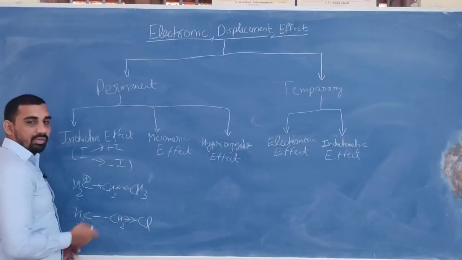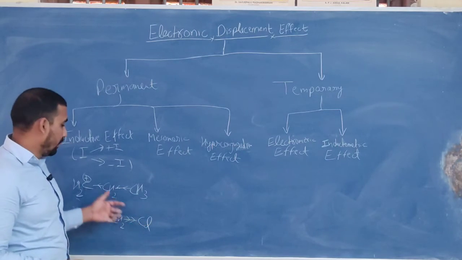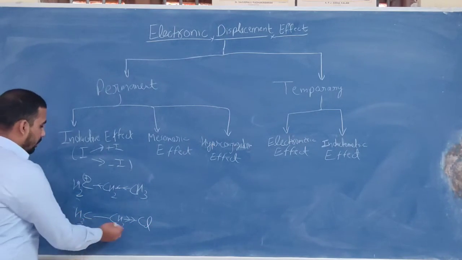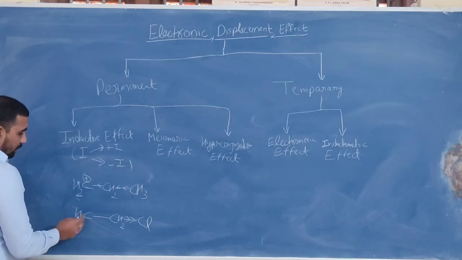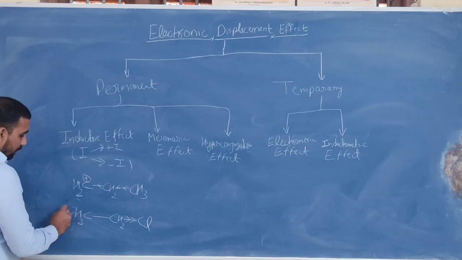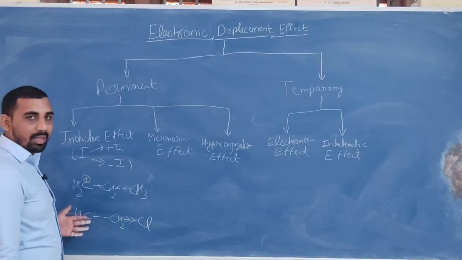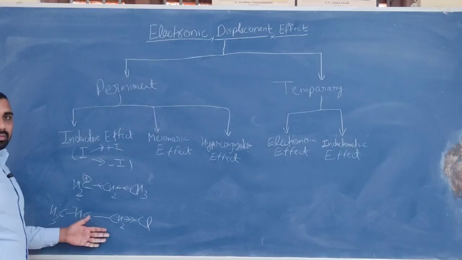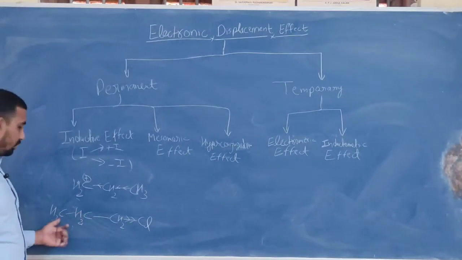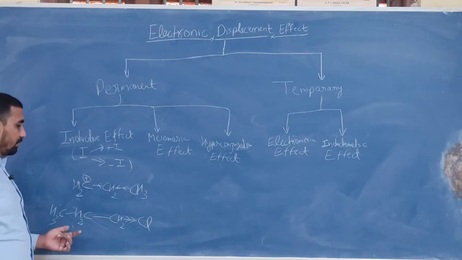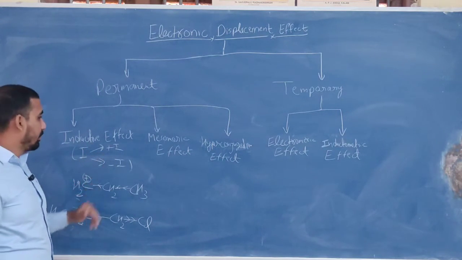And also this inductive effect is distance dependent. Distance dependent means that if we have one, two, and let's suppose one more carbon atom here, then this inductive effect will diminish after some carbons. It is measurable only up to 3 or 4 carbon atoms. That's why it is distance dependent.